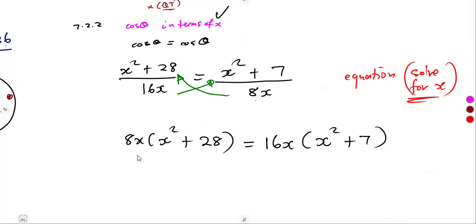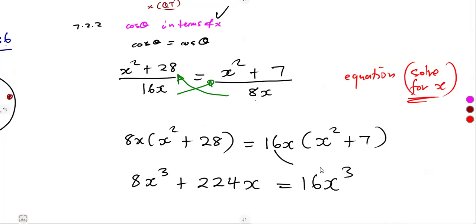Expand the brackets. Distributing, 8x times x squared is going to be 8x to the exponent of 3. 8x times 28 is 224x. This is equal to 16x to the exponent of 3, and 16 times 7 is 112x.